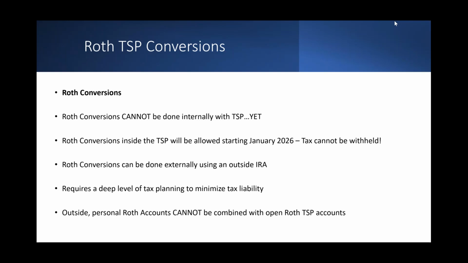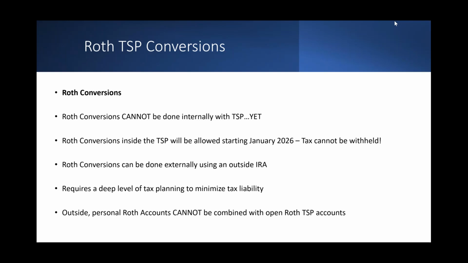Now, on the flip side of that, if you take your money and you open up an outside Roth IRA and you move money from the traditional to the Roth IRA on the outside, you can do that, and in that transaction you can withhold the tax most of the time.